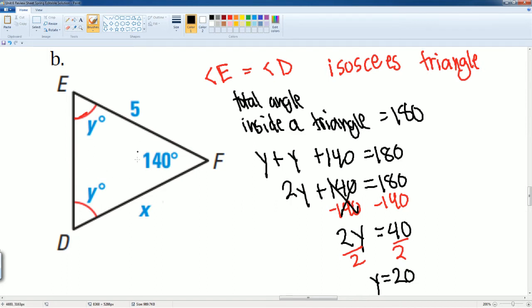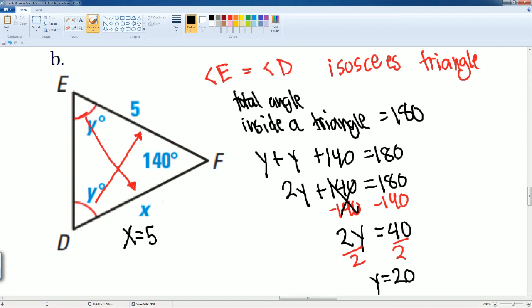Now we want to know about the sides here. This angle tells you about this side, and this angle tells you about this side. That means that if these two angles are the same, these two sides have to be the same. Therefore, we can say x is equal to 5.